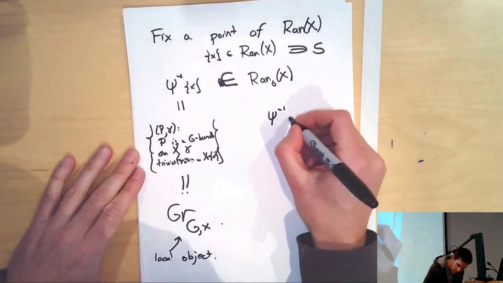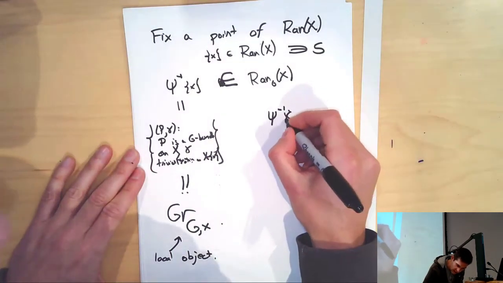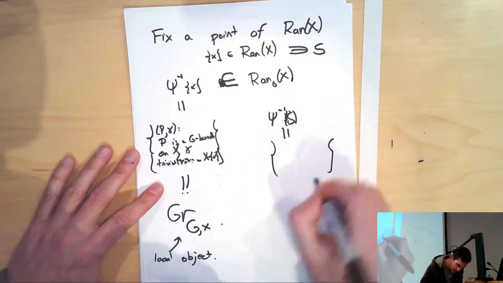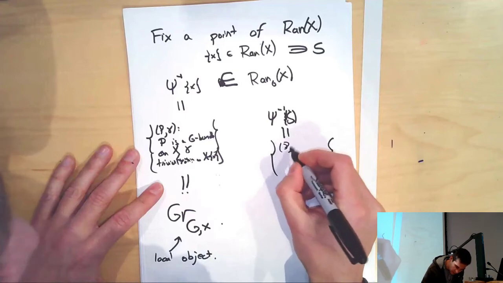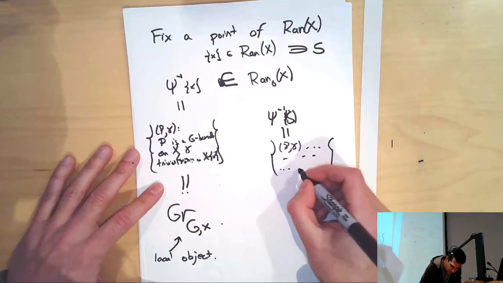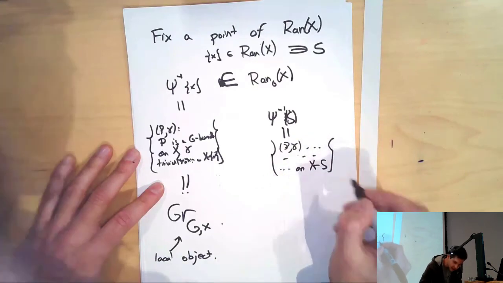Well, you could take the inverse image of that S now, and I could just write the same thing. It's the set of all pairs (P, gamma), where P is a G bundle, and gamma is a trivialization, but now on X minus S.